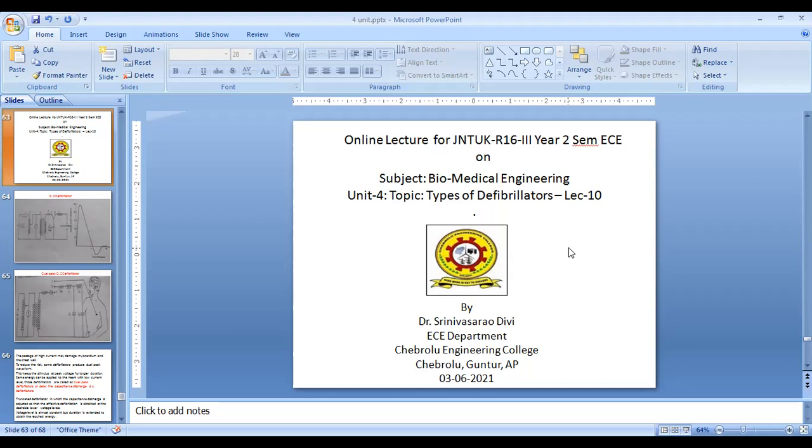Based upon the placement of these defibrillators, they are classified as internal and external defibrillators.